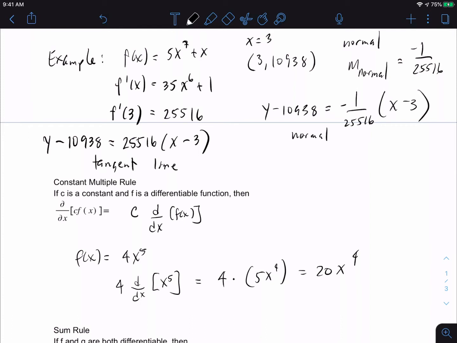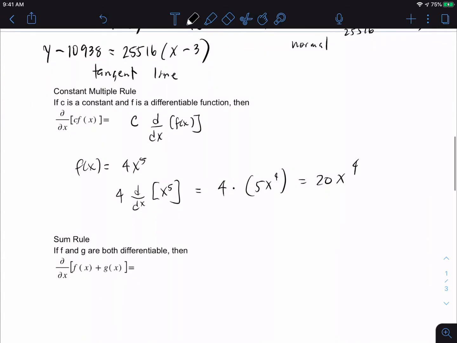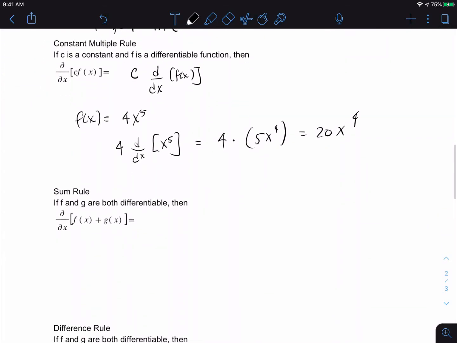Okay? We also did the next one, the sum rule and the difference rule. All this is saying is if you have the derivative of a sum of functions, that's the same as the derivative of each summed. And we did that, right?